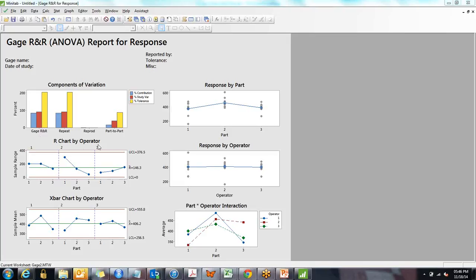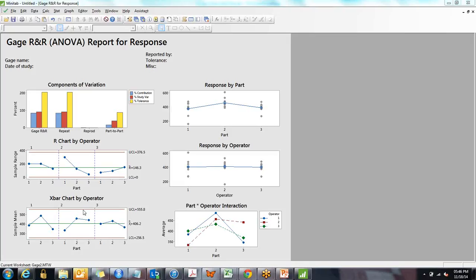Then comes R chart by operator. In R chart by operator, all the values should be within the control limits, within UCL and LCL. Whereas when it comes to X bar chart by operator, all the values should be outside the limits. It depicts capability to detect different samples.